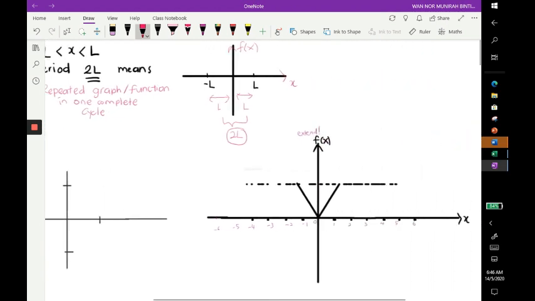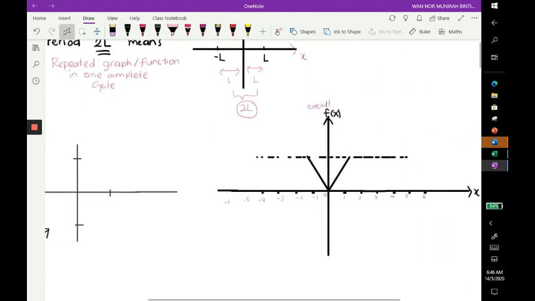If you have a specific function, for example this function from negative 1 to 1: from negative 1 to 0 you have 1, and from 0 to 1 you have another 1, so this equals 2. When you compare to our definition, 2L equals 2, therefore L equals 1.